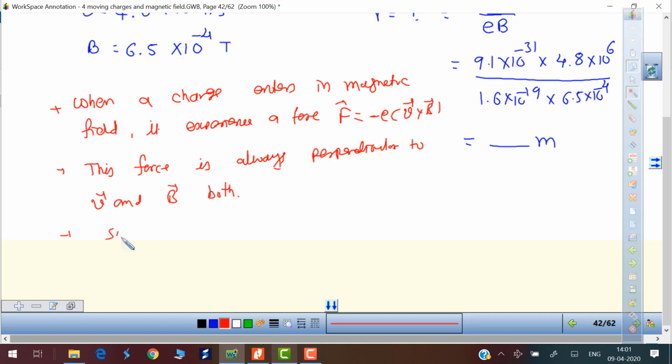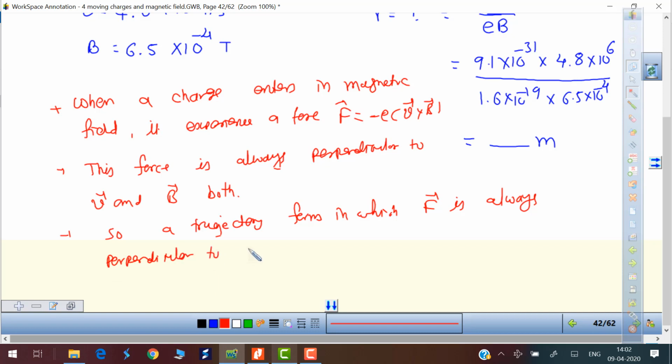So a trajectory forms in which F is always perpendicular to the motion.